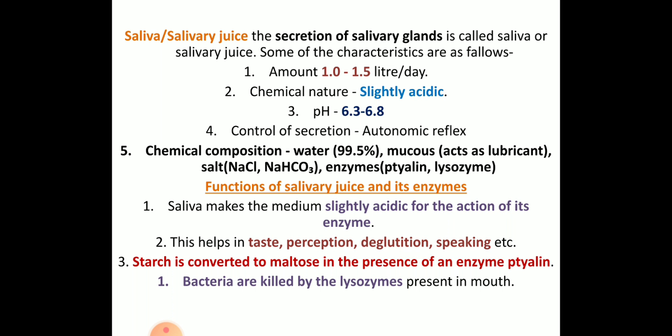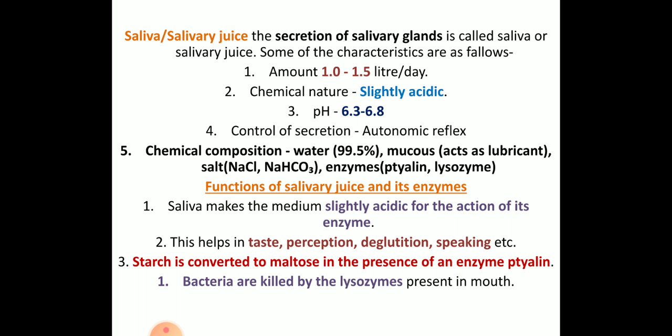So that is autonomic reflex. In chemical composition, water is around 99.5%, and mucus, salts and enzymes are present. What type of enzymes? Salivary enzymes: ptyalin and lysozyme. The functions of salivary juice and its enzymes are as follows. Saliva makes the medium slightly acidic and the action of the enzyme starts.